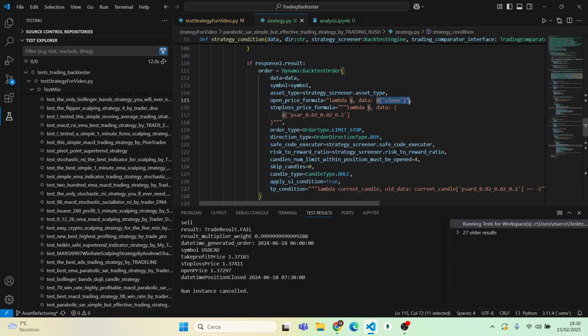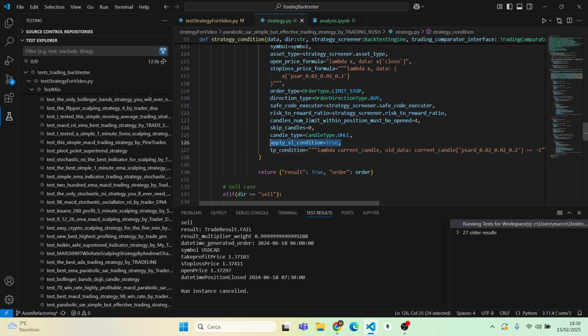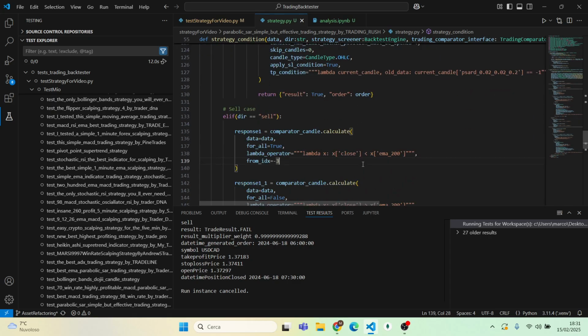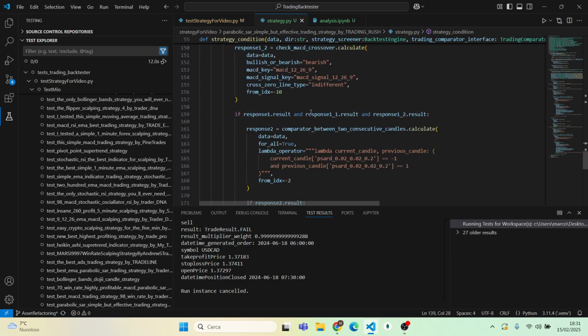So the open price will be the last candle close, the stop loss price will be the last parabolic SAR value, and the take profit condition to exit is when the current candle parabolic SAR goes below the data. And also I'm applying the stop loss condition. So we have a take profit condition and a stop loss condition, and it is this one. Okay, here we can see the call for sell, and it's the opposite of buy.